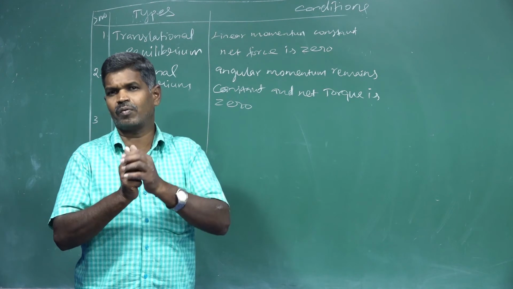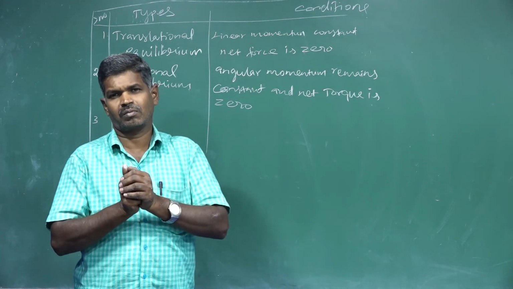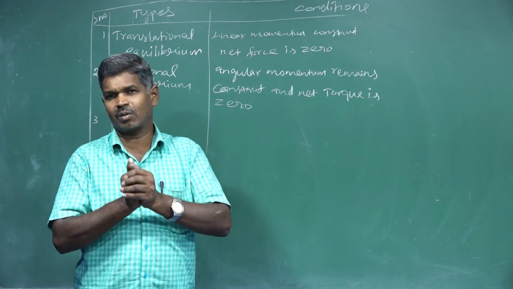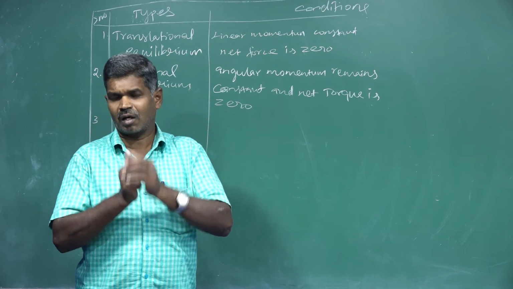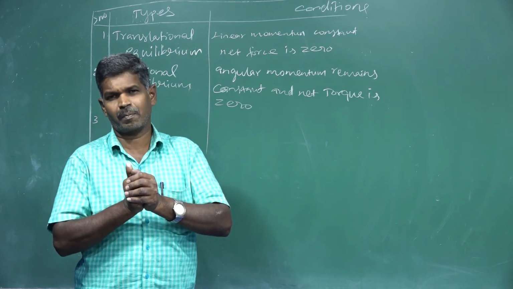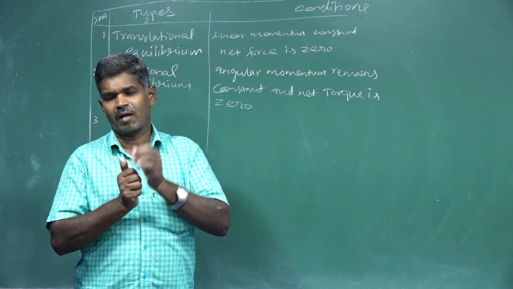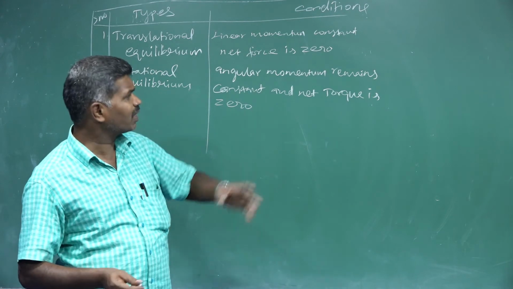If it is not moving, angular velocity is also zero. If angular velocity is zero, then torque is also zero, since it is at rest itself. That's why angular momentum is zero.